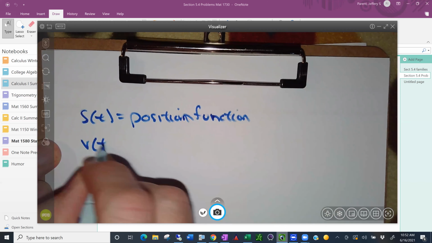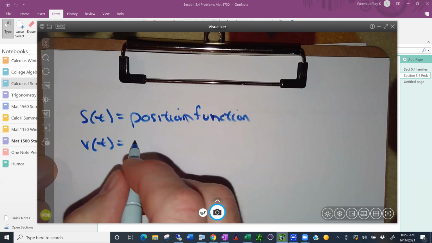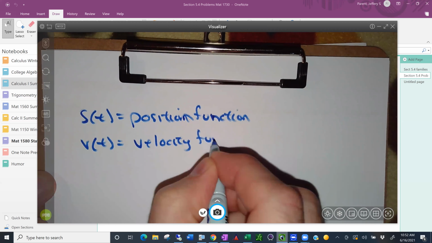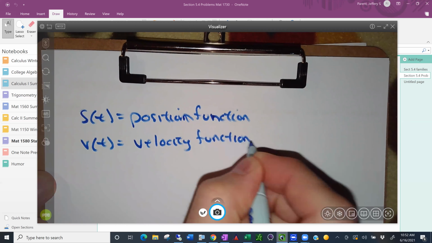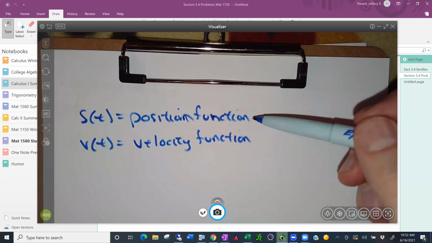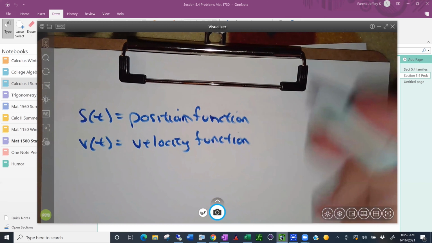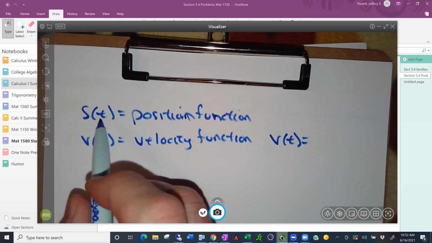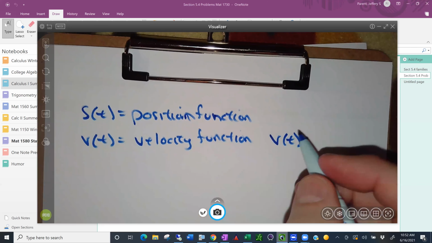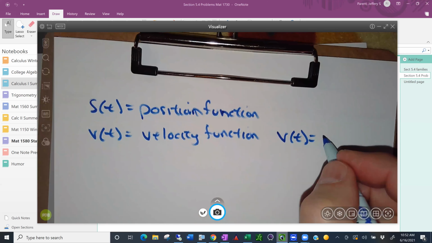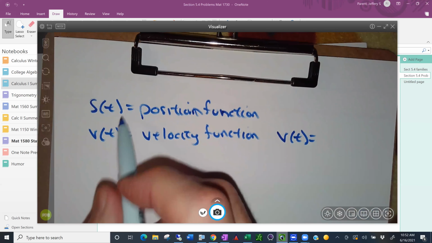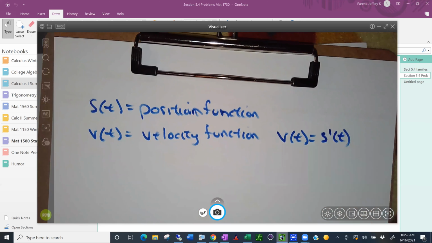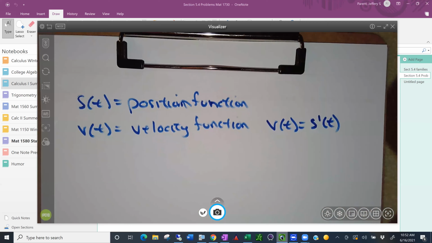V of t is the velocity function. Now, your velocity is how you change position. So V of t is going to be what compared to S of t? The way you change your position is your velocity, so the rate of change of that is measured by the derivative. So S prime of t gives me V of t.